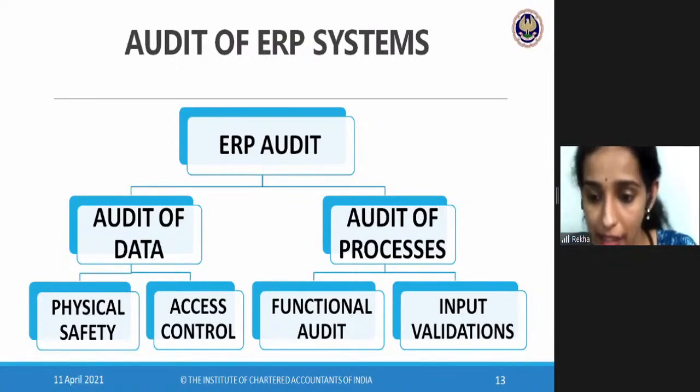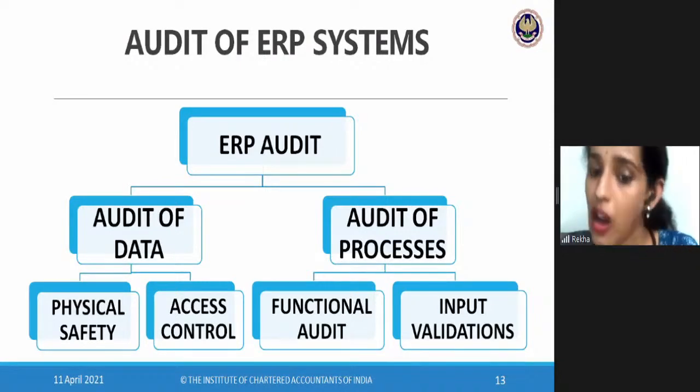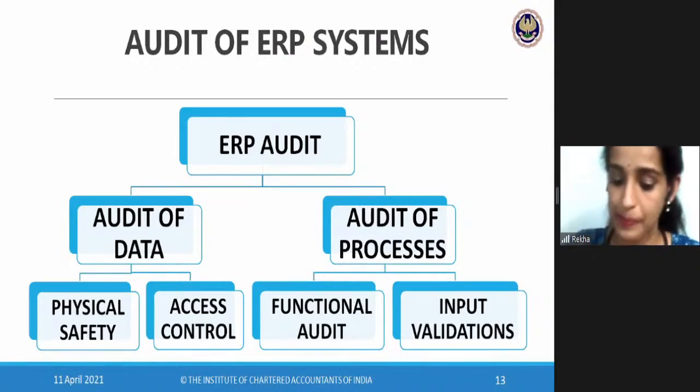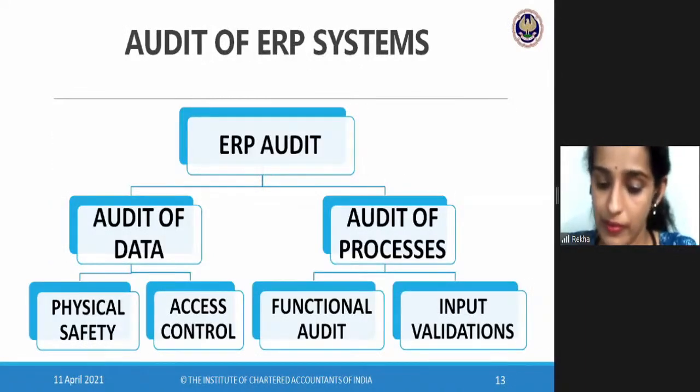So say for example, if certain elements of data which are not required, which is wrong data, you are entering, there should be an error. Clear? So audit of ERP system, again another examination question, mark this as important, audit of data and audit of process. Understood guys? Are you all able to understand till now?